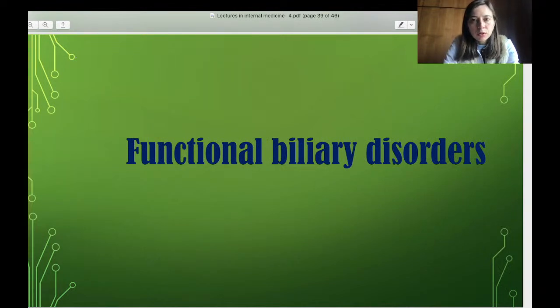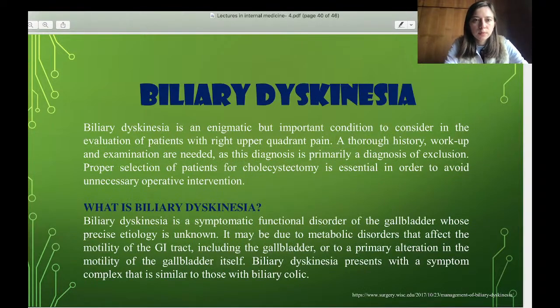And now, the next part of this lecture: functional biliary disorders. What is biliary dyskinesia? Biliary dyskinesia is an enigmatic but important condition to consider in the evaluation of patients with right upper quadrant pain.